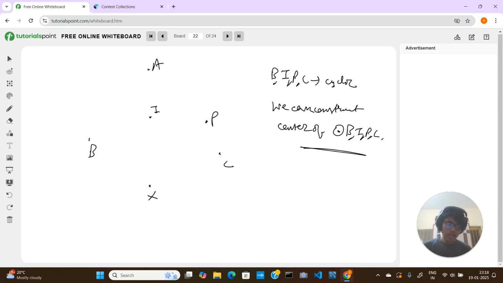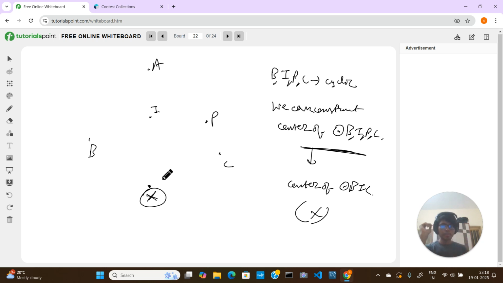And the center of circle BIPC is basically the center of circle BIC, which is the point X. And this is what we wanted. So X is the point that we wanted, and we have got this point X. Now what you know is that A, B, C and X are cyclic, so you can construct the circumcenter of triangle ABC.